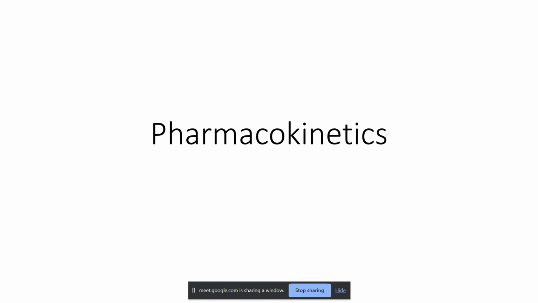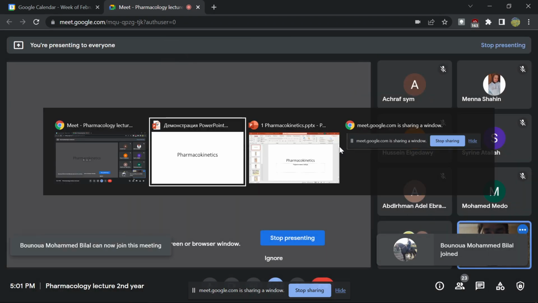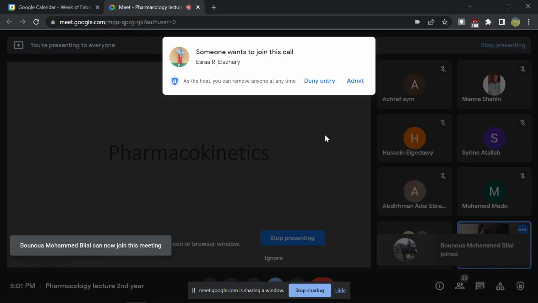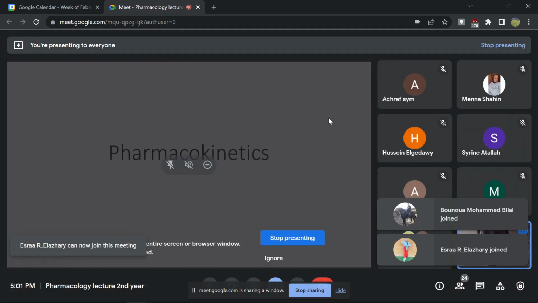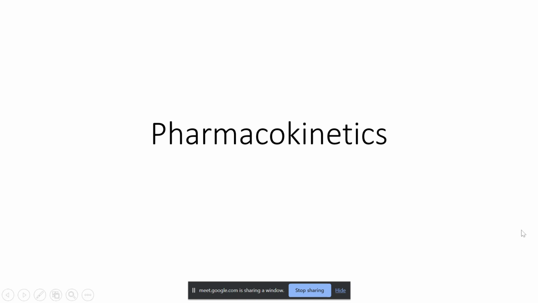Pharmacokinetics is a division of pharmacology that studies the interaction of the human body and the drugs, how the human body will modify the drug, and what happens with the drug when it passes through the different stages of pharmacokinetics.